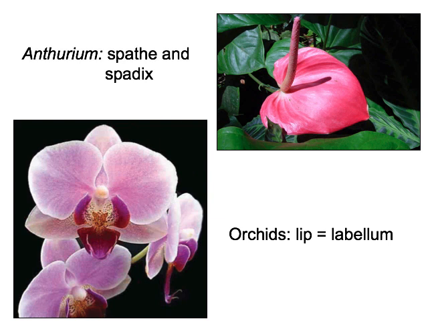Now, in some species, particularly the genus Anthurium, we find an inflorescent structure called spathe and spadix. The spathe is the large bract. It's a floral bract, which is something that we've learned about in our previous lectures.